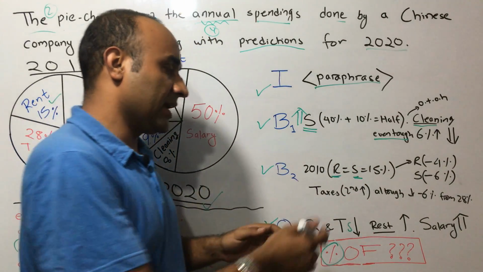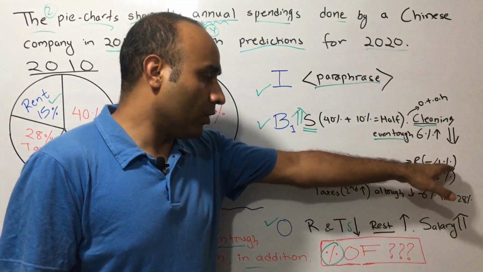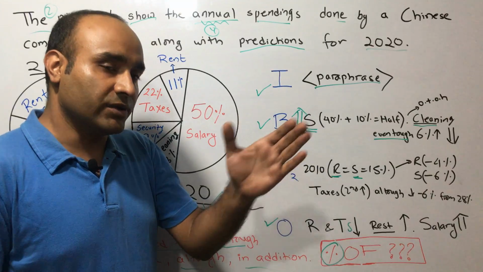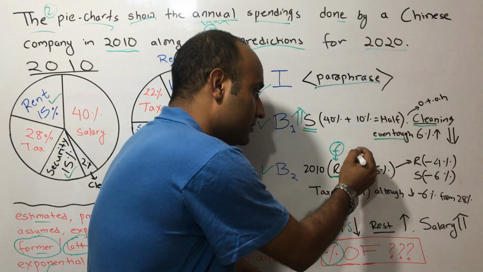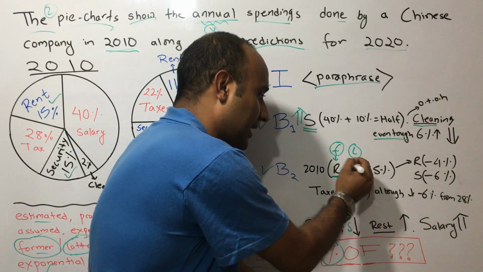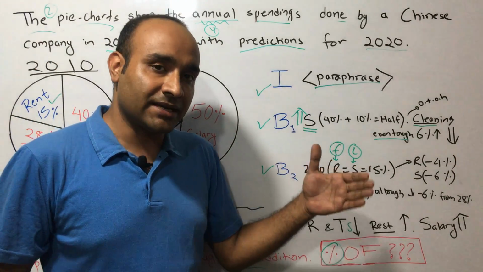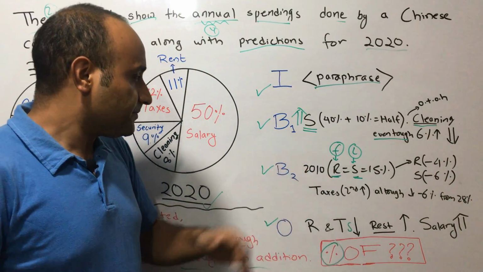And then I'm going to say the former, after a decline of 4%, is expected to reach so and so by 2020. So former means the first one that I'm talking about, and latter means the second one that I'm talking about. Former is the element that comes first, and latter is the one that comes second.